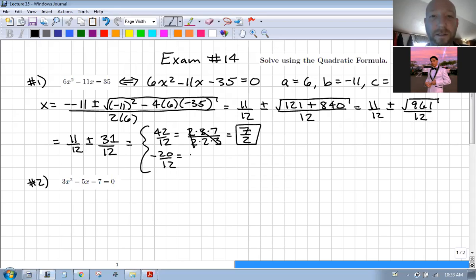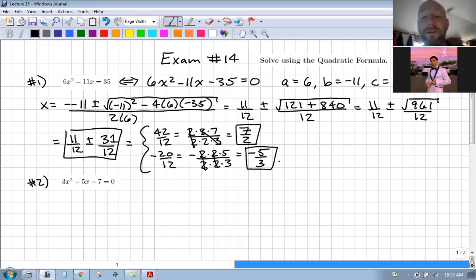And this one down here, let's see, 20 is 2 times 10. 10 is 2 times 5. 12 is 2 times 6, which is 2 times 3. So we get a negative 5 thirds. So you can leave it like this, or you can continue on to get your two separate answers here, whichever works for you. Any questions about that one?